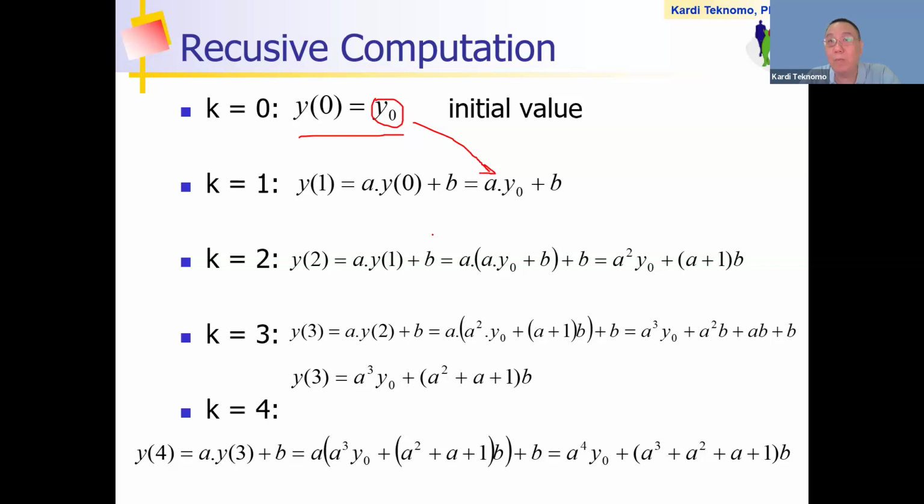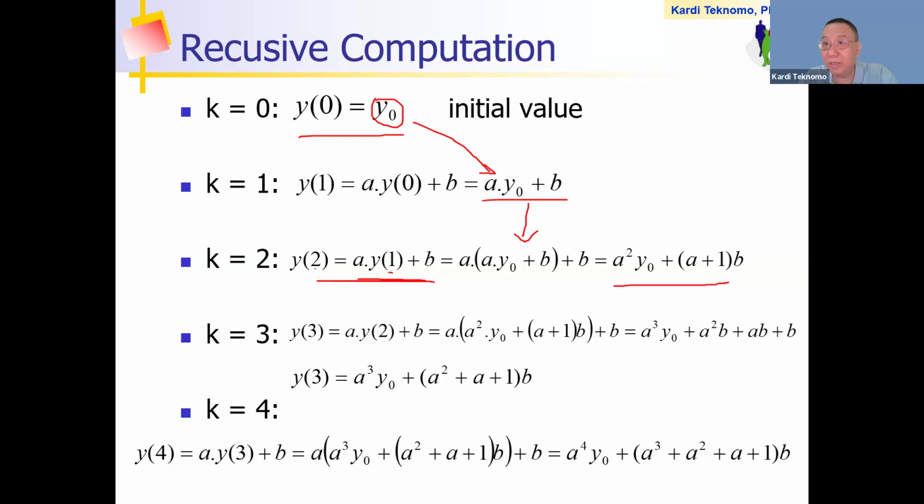How about at time 2? At time 2, the same formula again. This is 2, then this is 1, just one before. Now y_1 is already given here, then we input it here, and then we simplify, and so on.